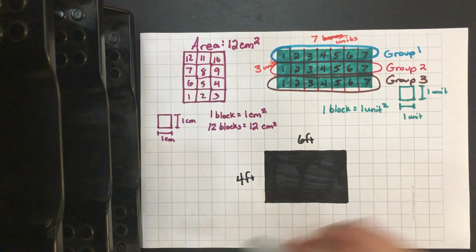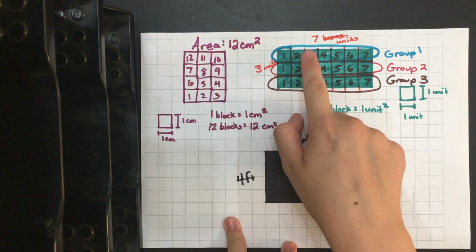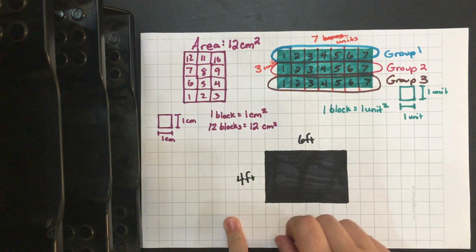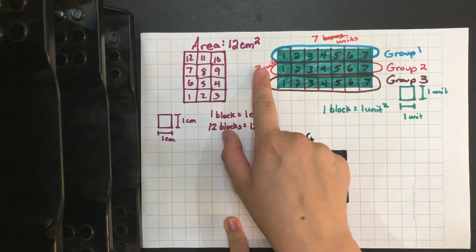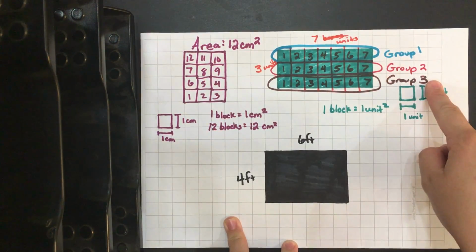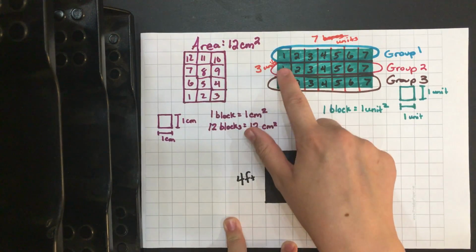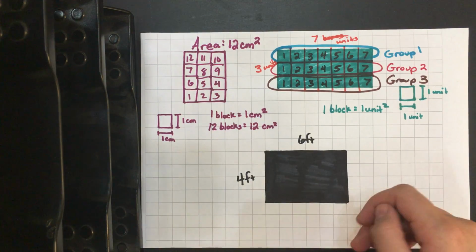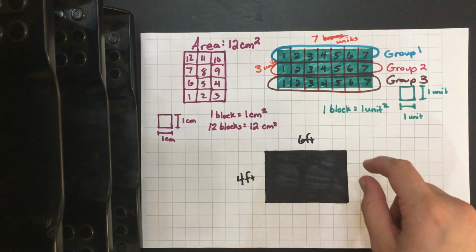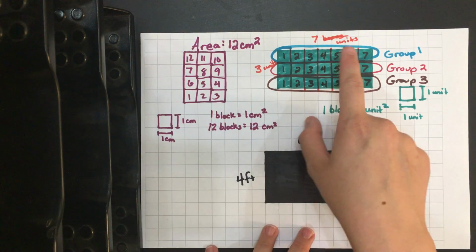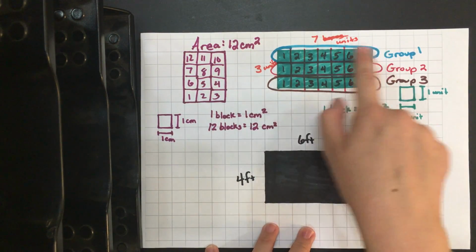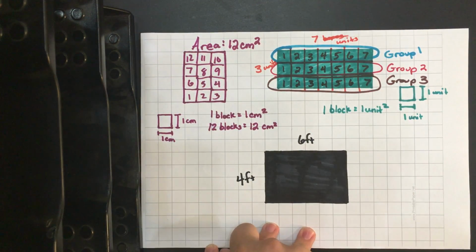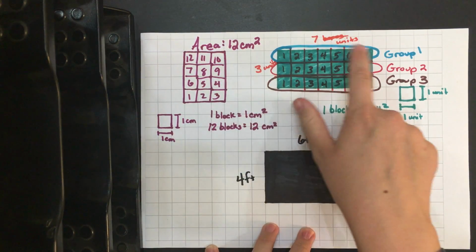And the reason is because there are 7 units across the top. And the reason we have 3 groups is because there are 3 units going down. You might remember this from arrays, which is rows and columns. So we have 3 rows, row 1, row 2, row 3, and 7 columns. That's how many was in each group.